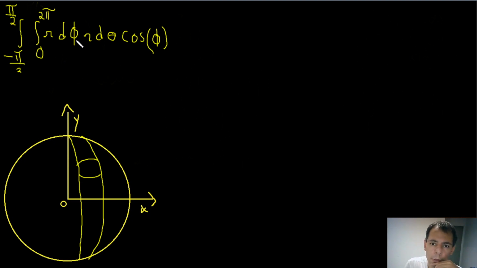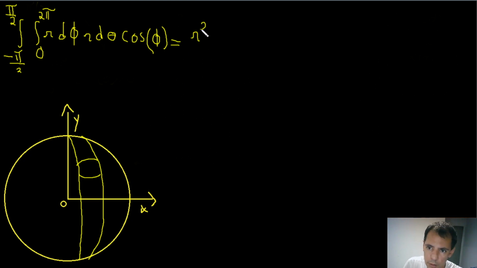Okay, so we have this stuff. I'm going to integrate theta first. There's something else that I want to do. You see this r and this r, that's r squared. It's multiplying everything, so I'm just going to take it out of the integral.